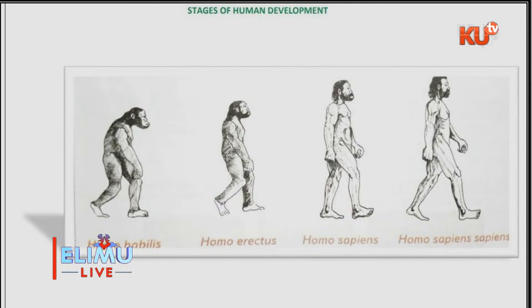Homo habilis, his body is hairy, and they lived in families, as we had said.